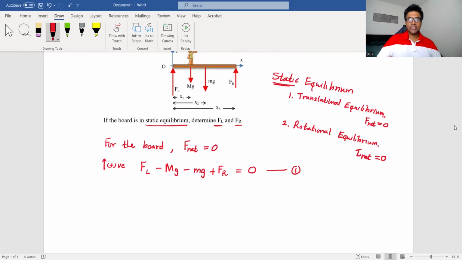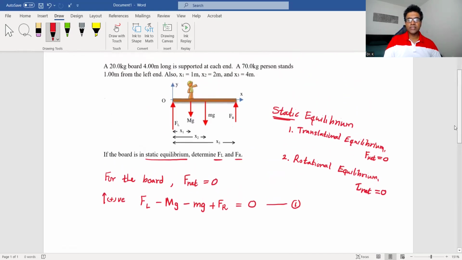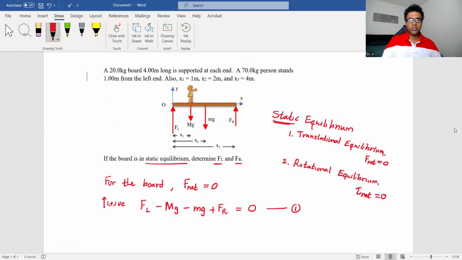Because the system is in static equilibrium, rotational equilibrium must be satisfied, and that means at any point on the beam, the net torque is going to be zero. So here, I'm going to consider the net torque about point O. You can see point O. Why am I doing that? Because one of the unknown forces, F of L, has a line of action that goes through that pivot point.